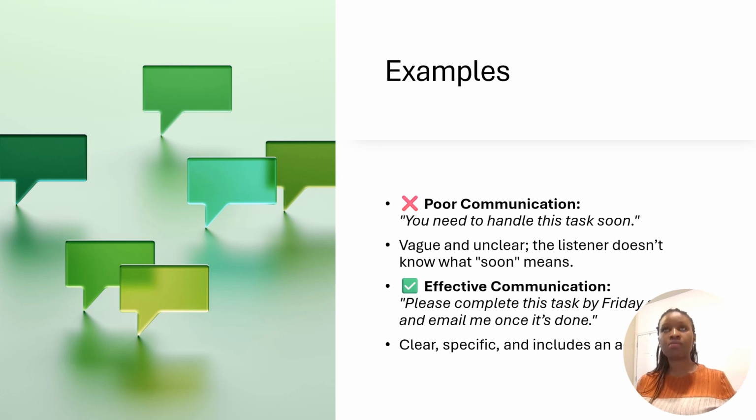So think about your own communication as you're working with people in the community. What are you saying to them, and how is it clear? Or is it vague? Does it include an action? We're going to go into a little more detail on things that can help you with communication.